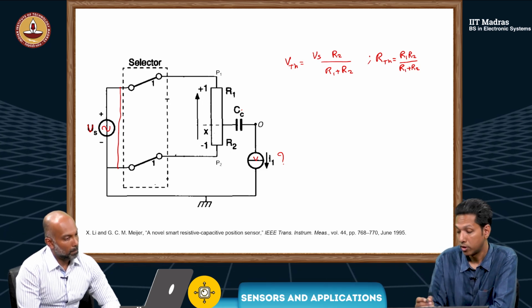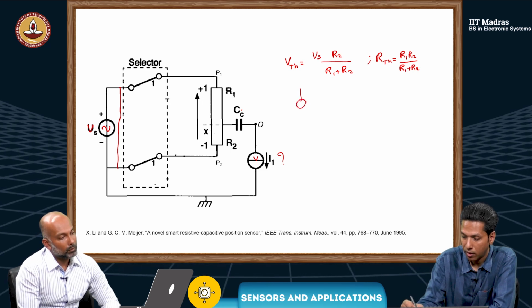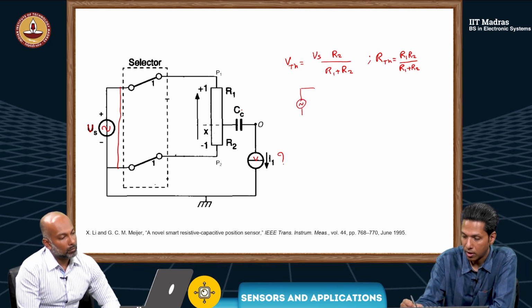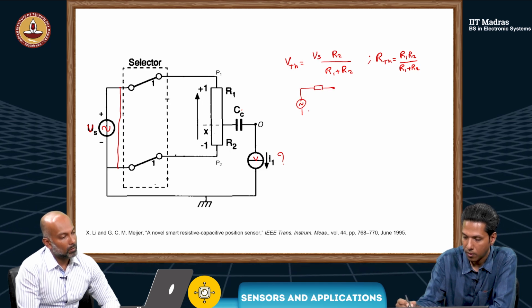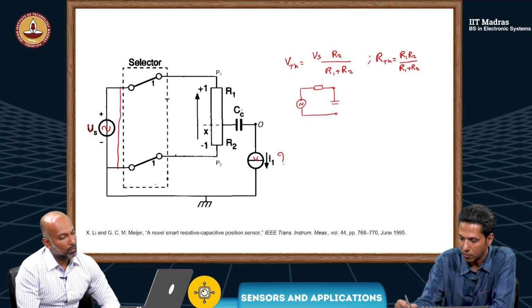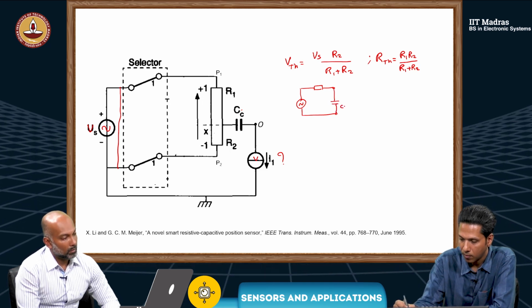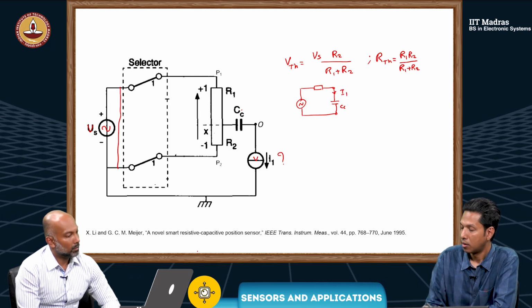Now I have a Thevenin equivalent voltage and resistance, and I just have to connect CC here and calculate the current through it, which is straightforward.